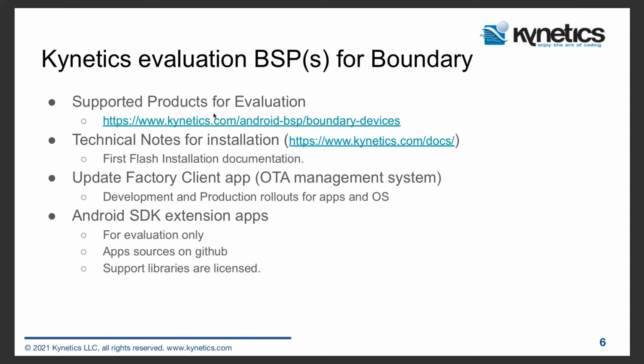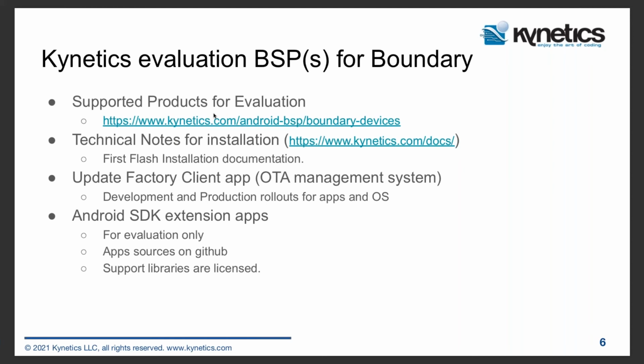Our blog called Technical Notes provides all the information about how to install the BSPs, the evaluation BSPs. All our BSPs also include the possibility to use our own OTA backend, Update Factory, and we also include all the apps to evaluate the SDK extensions for you just to take a look at.